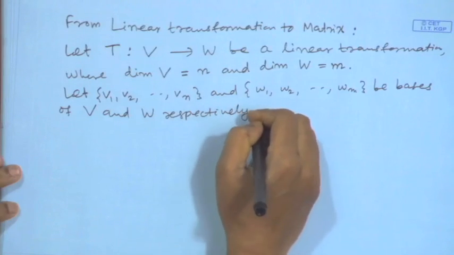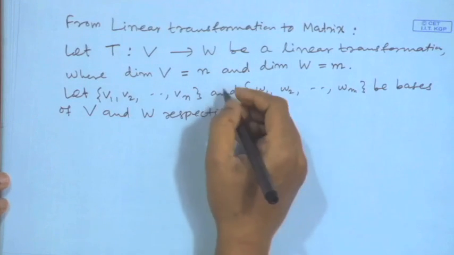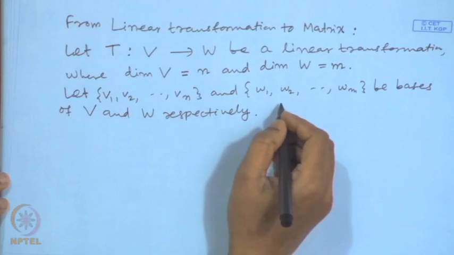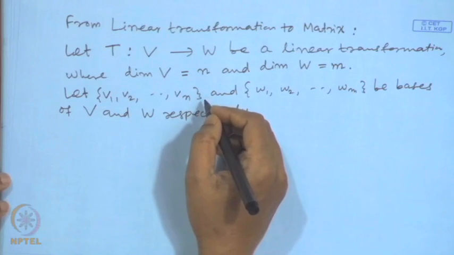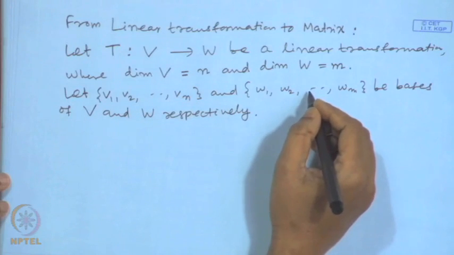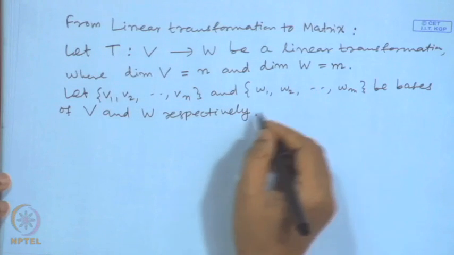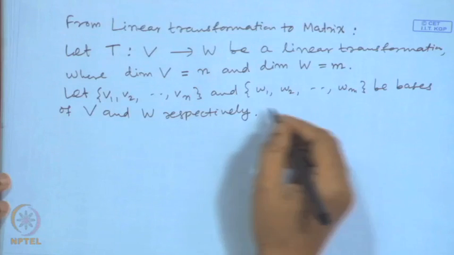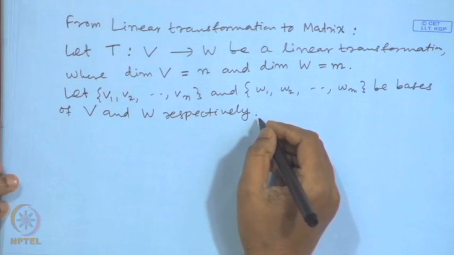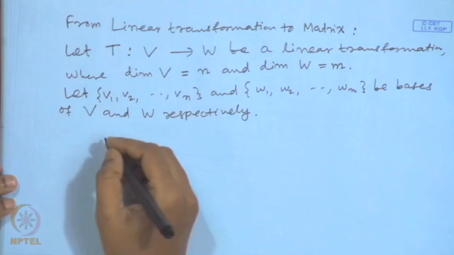Actually, we find the matrix representation of the linear transformation T with respect to these bases. That means we fix a basis in the vector space V and a basis in the vector space W, and with respect to these two bases we find the matrix representation of this linear transformation.